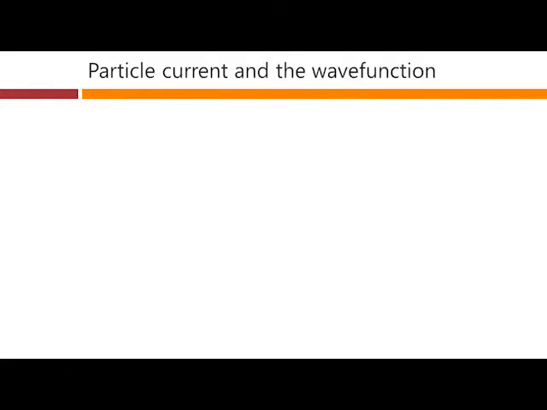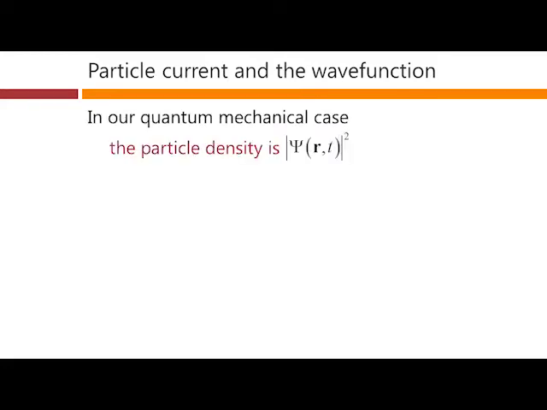Now, we want to understand particle current in quantum mechanics. And in our quantum mechanical case, the particle density inside our little box, the equivalent of that S, is just the modulus squared of the wave function inside the box.